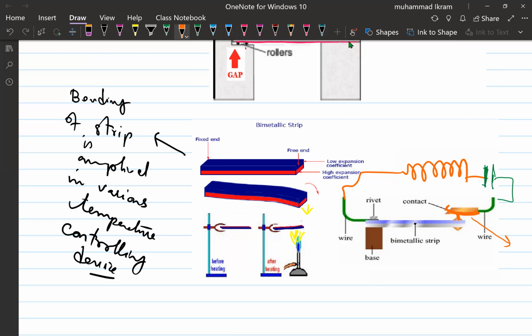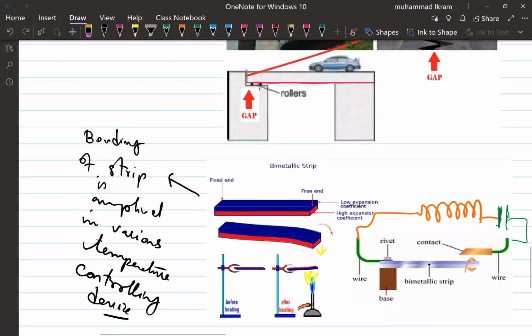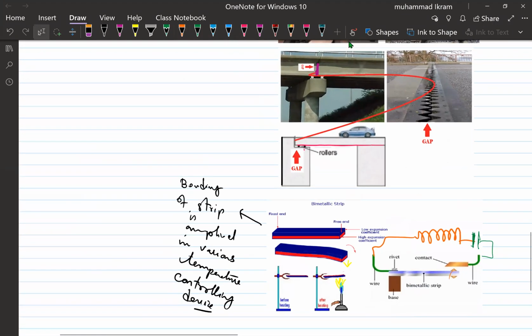And look, when the temperature reaches the desirable value, at that point the bimetallic strip will bend itself so much that it will break the contact with the connecting points, right? The passage of current in the circuit will stop, and the circuit will then act as an open circuit, and no current will flow, and the heater will automatically switch off. So these are the applications of the bimetallic strip.